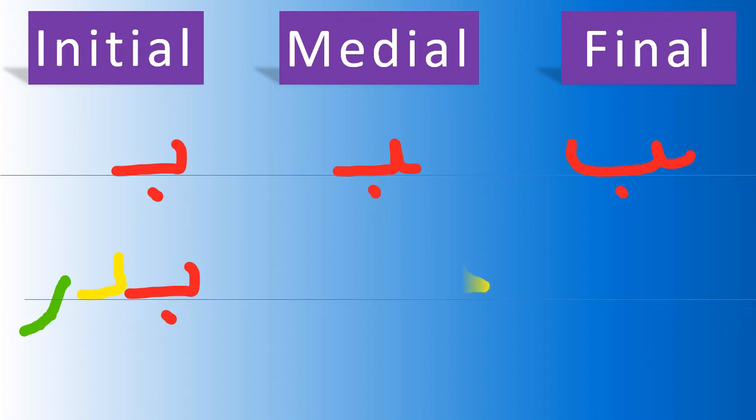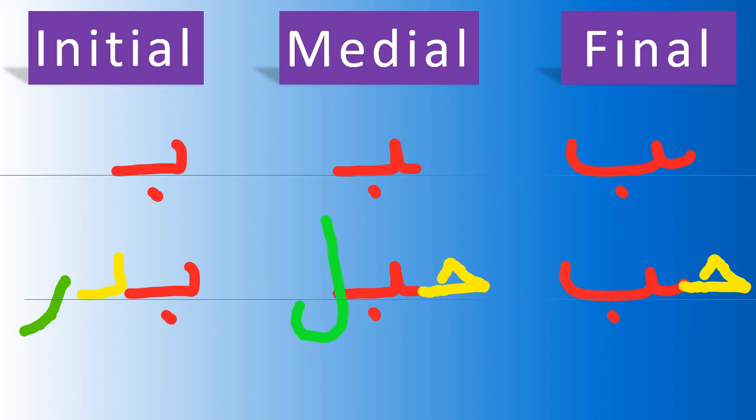This is the word habl. Ha, ba in the middle of a word, and lam, habl. Now, an example about the ba in the final position, or at the end of a word. This is the word hab, or hub, which consists of two letters, the ha and the ba.